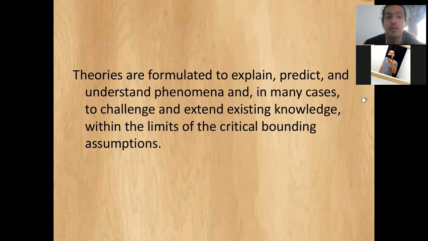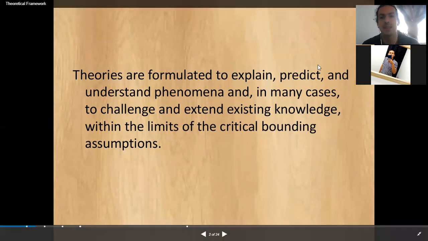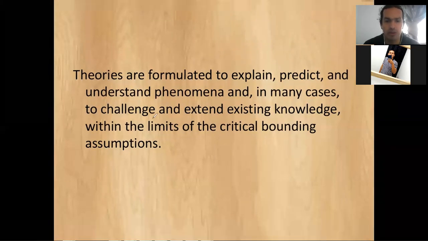So in here, as we can see right here, in many cases to challenge and extend existing knowledge within the limits of the critical bounding assumptions. So in this part, this is going to be very, very important. Critical assumptions.